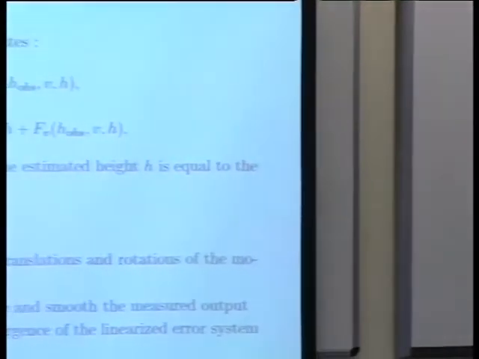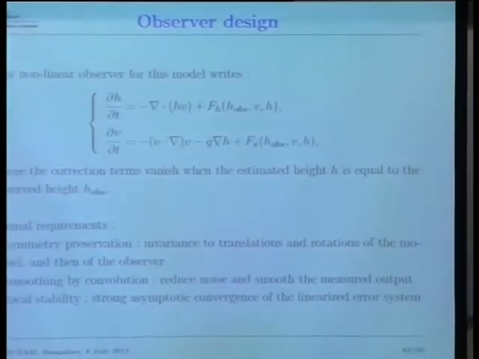So the idea is that we take this equation, the shallow water model, and we add some nudging terms. We can imagine that we have a scalar function for h and a vectorial function for v. These functions will depend on, of course, v and h, and on what is observed, the observation of h.